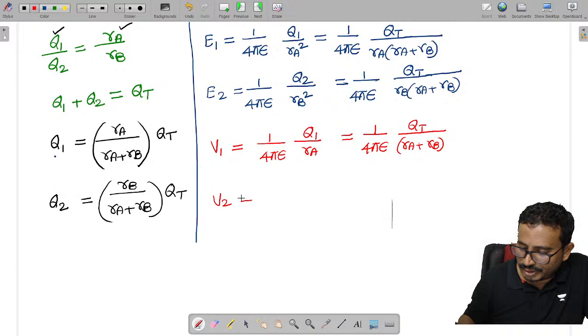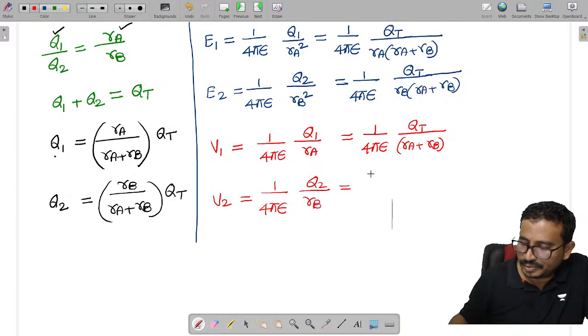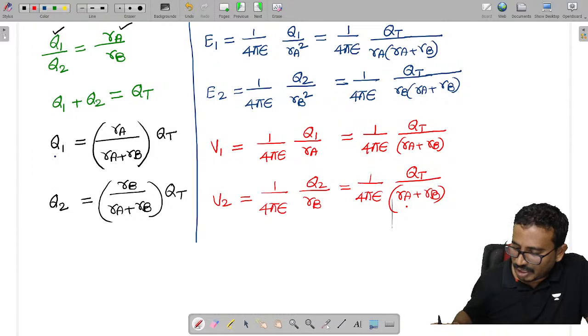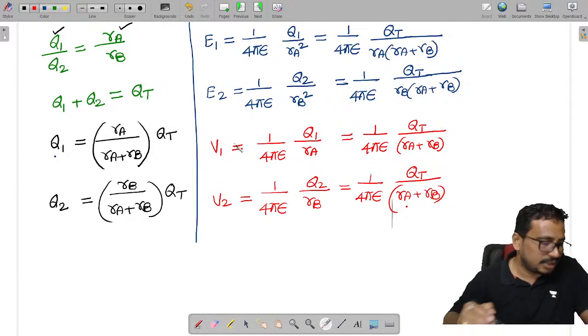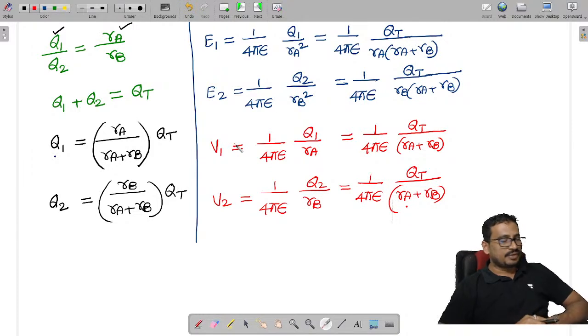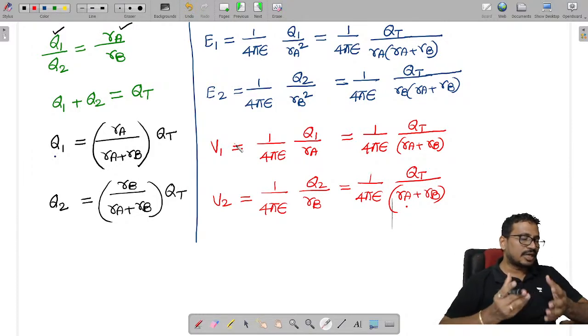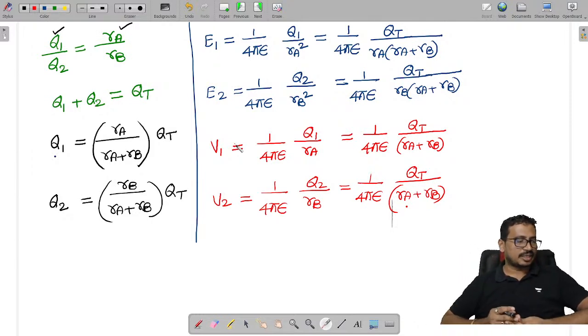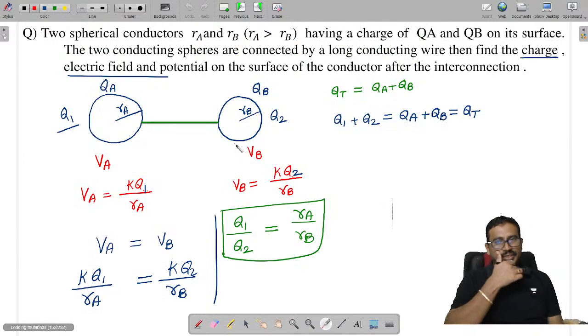Next, V2 is 1 by 4 pi epsilon into Q2 by RB, which gives 1 by 4 pi epsilon into QT by RA plus RB. You can observe carefully that V1 and V2 are both equal. After the connection of the two spheres, the two conductors behave like a single conductor, so the potential is the same. Is it fine, all of you?